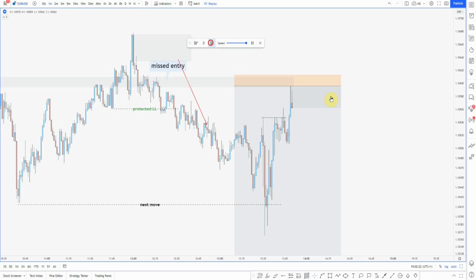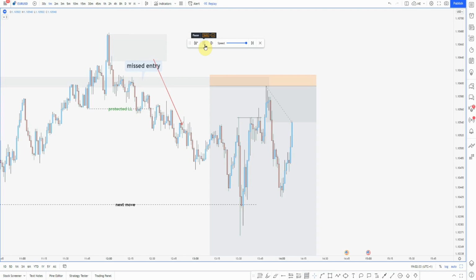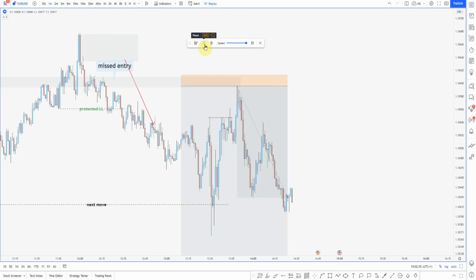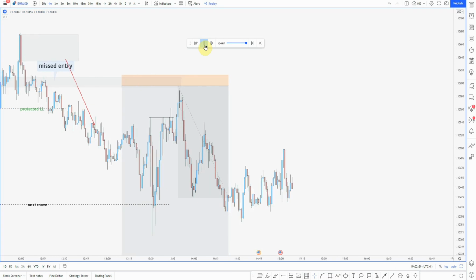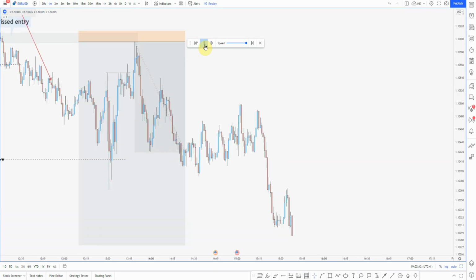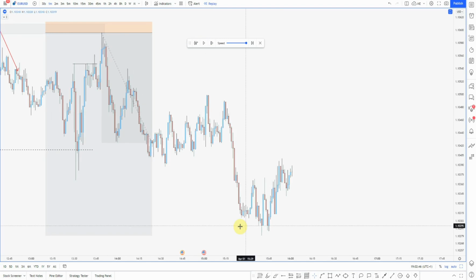See, the market came back and tapped in this region and then beautifully traded to the downside. And this is EU, the live trade.